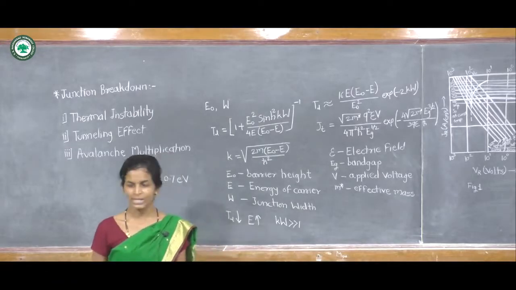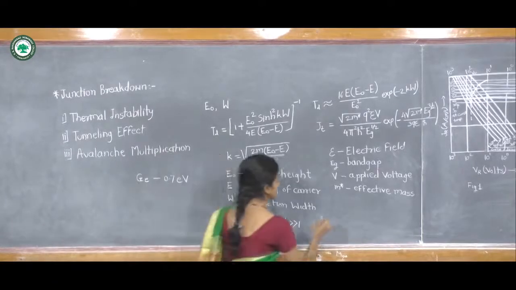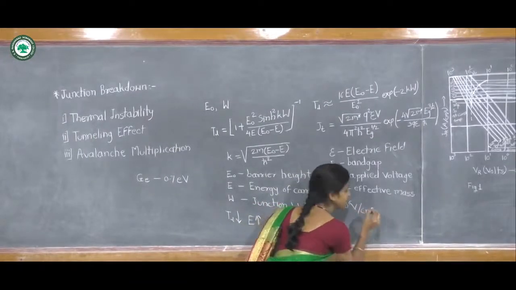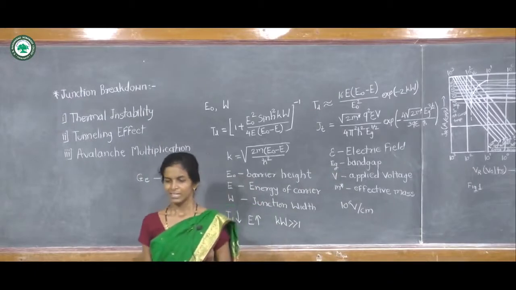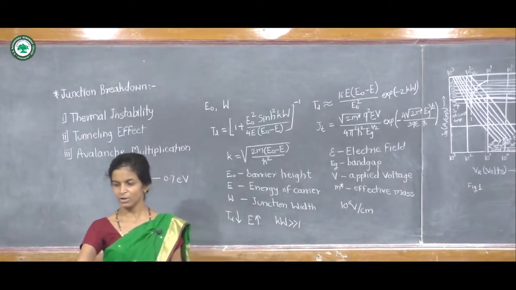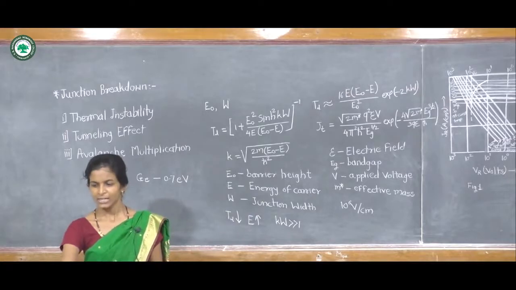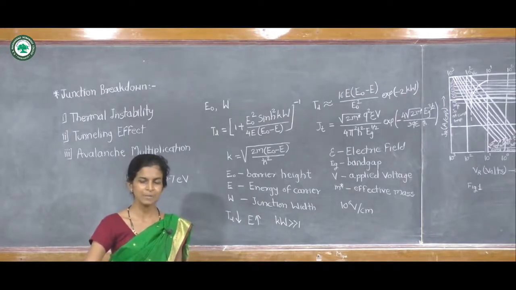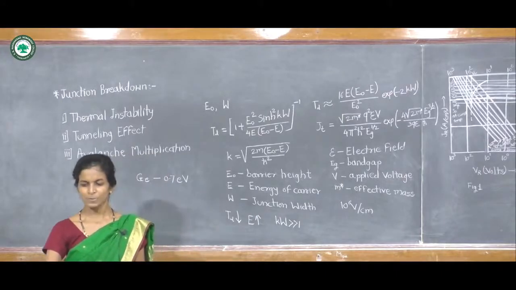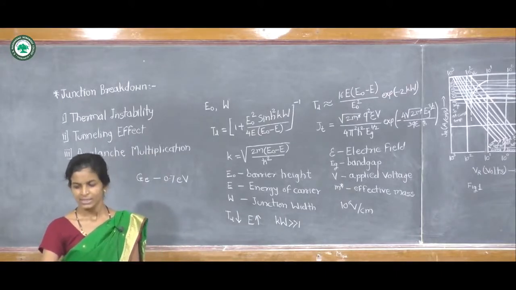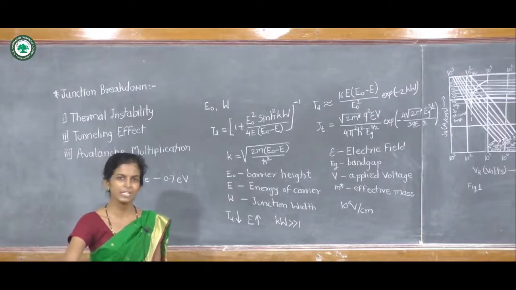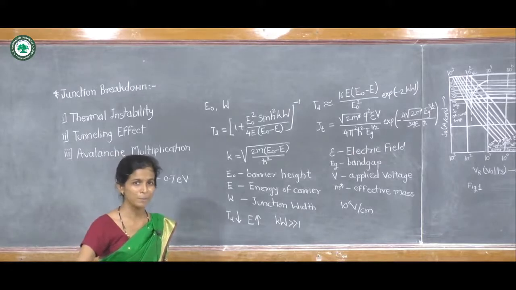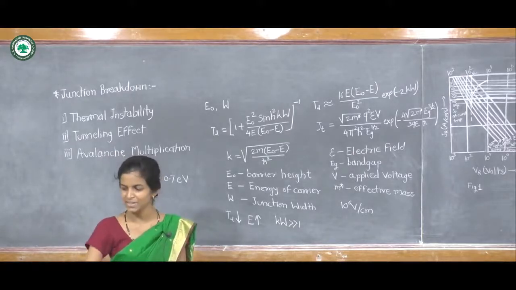When the field approaches 10⁶ volts per centimeter in gallium arsenide and silicon, a significant current begins to flow by means of the band-to-band tunneling process. To obtain such a high field, the junction must have relatively high impurity concentrations on the P side as well as on the N side.